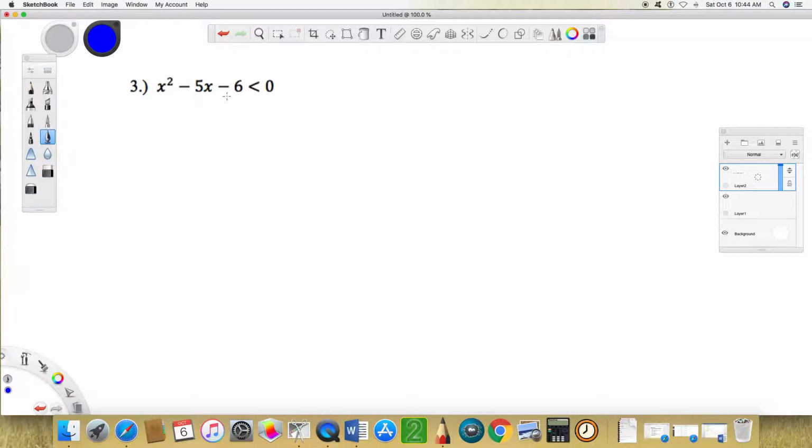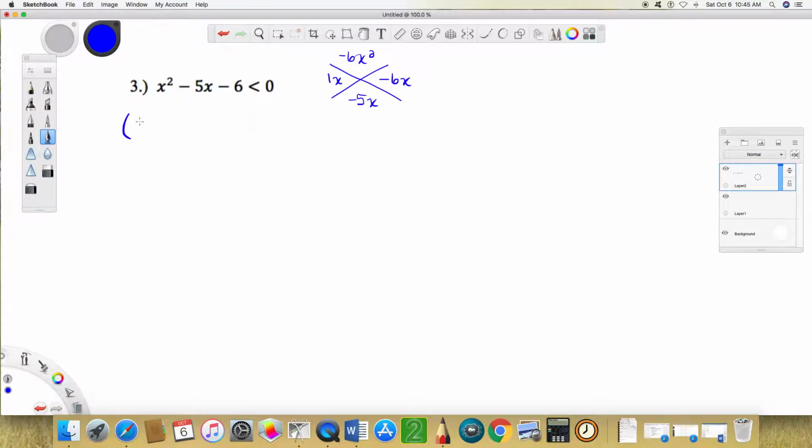In either case, we're going to start out by factoring this. If we place our x off to the side, we've got negative 5x on the bottom. We've got negative 6x squared on the top. We need two values that when multiplied together give us the top expression, but when added give us the bottom. This factors, because the leading coefficient is 1, I don't have to come down and chart it.